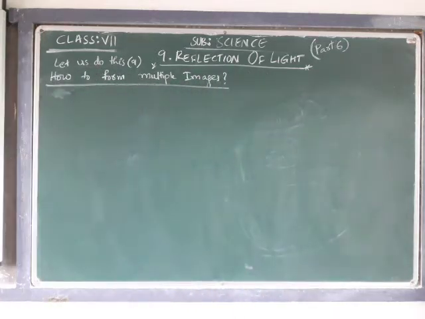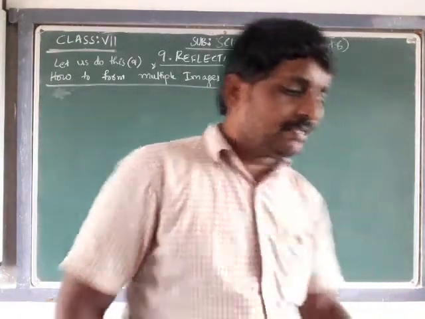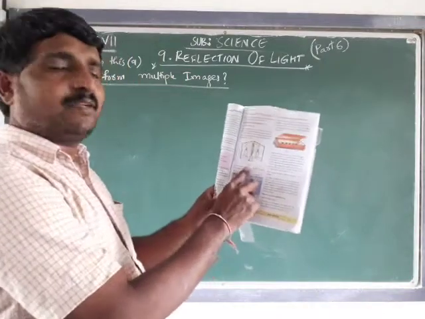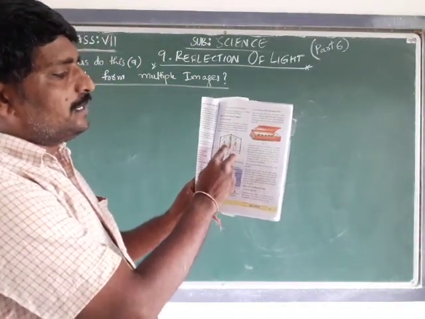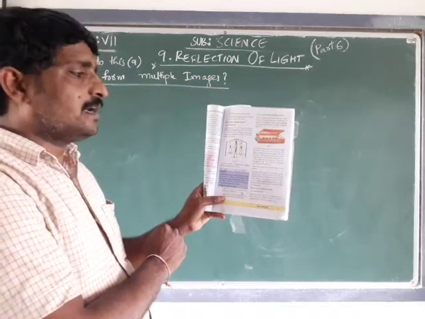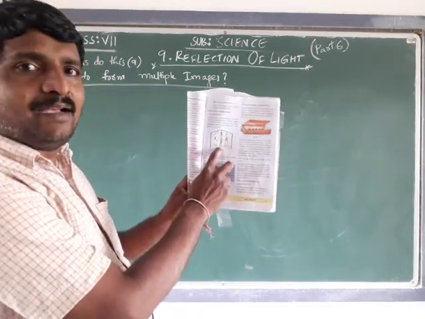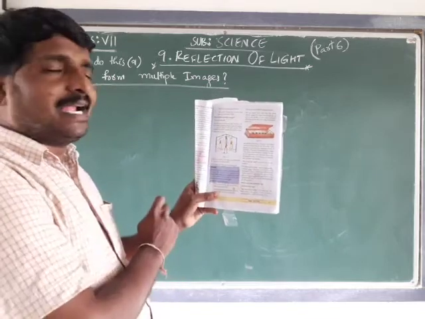How many images are going to form? That we will discuss with an example. To understand this, if the setup is like this, with two mirror strips as on page number 15, and this is the original object, a candle, then three images of the candle are formed.